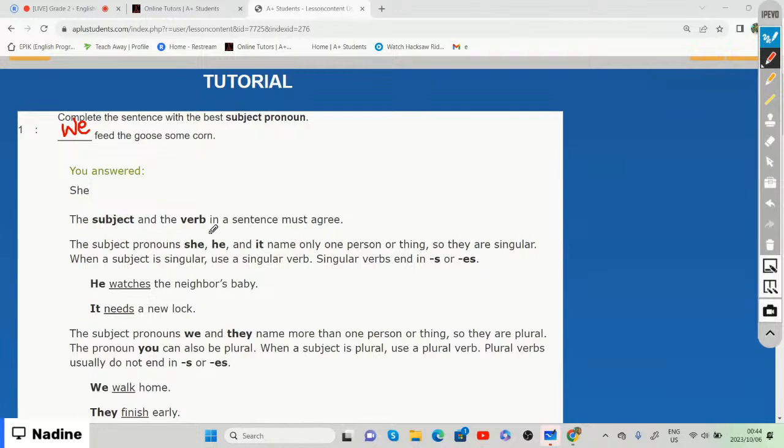So the subject and the verb in a sentence need to agree. And there we already have our very first subject pronoun.